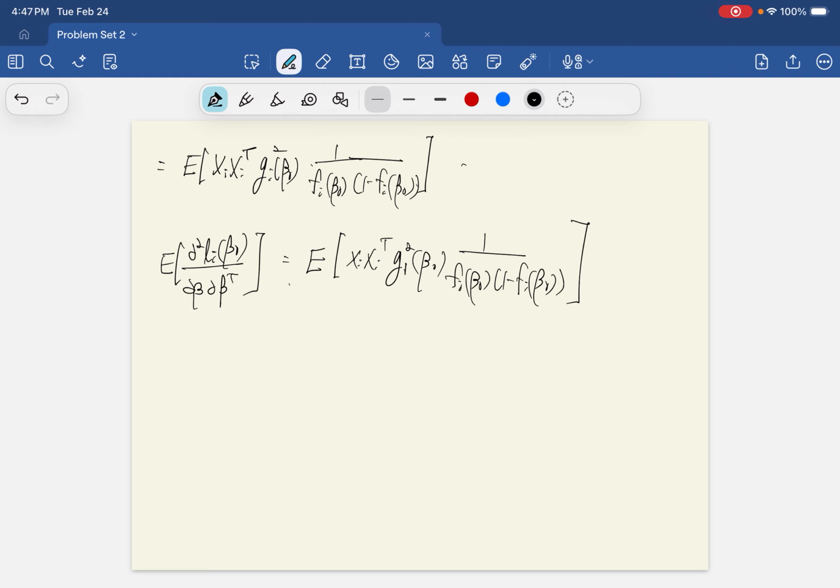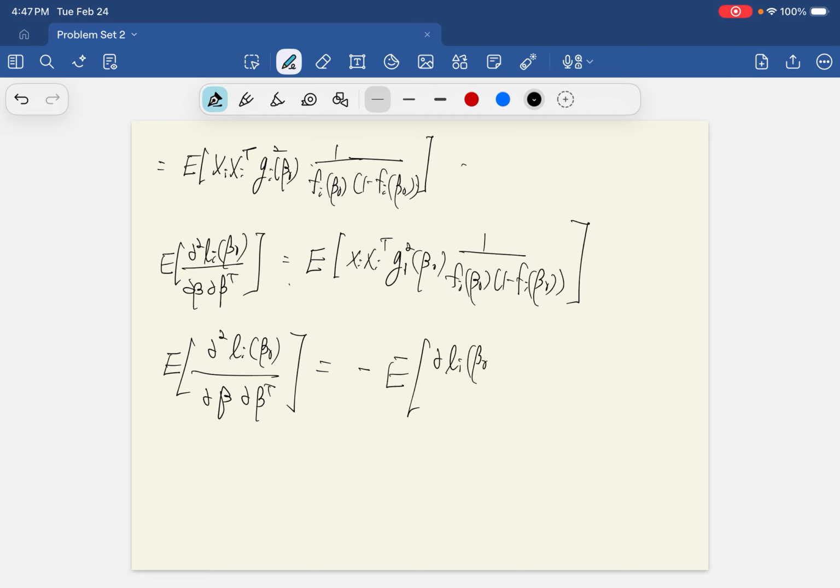By the way, this equality was proved by Fisher, the inventor of maximum likelihood. This is always true for the maximum likelihood estimator: expectation of this guy equals minus expectation of the other. There was a minus sign here, I'm sorry about that.